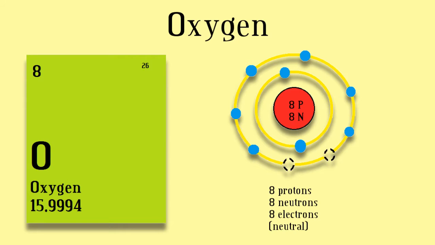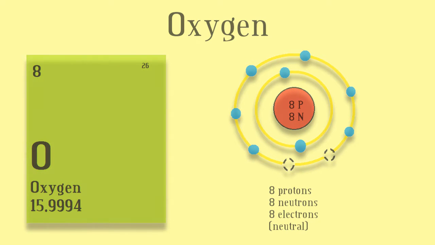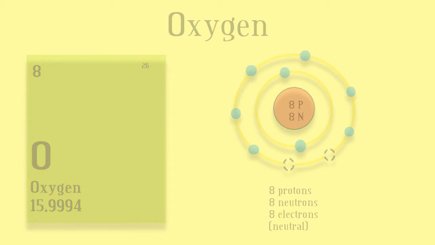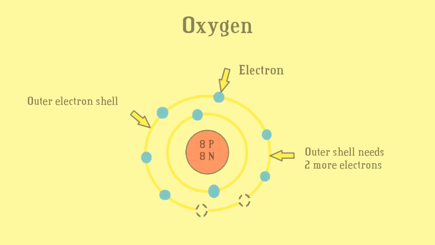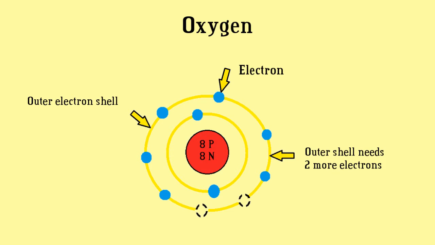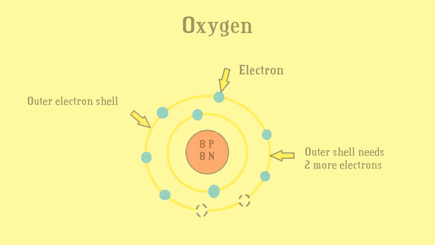Oxygen has an atomic mass of 15.99, an atomic number of 8, 8 protons, 8 neutrons, and 8 electrons. As you can see, the oxygen atom has a lot more electrons than hydrogen. Because oxygen has 8 electrons, the inner shell is complete with its 2 electrons, but the outer shell is incomplete with only 6 electrons.